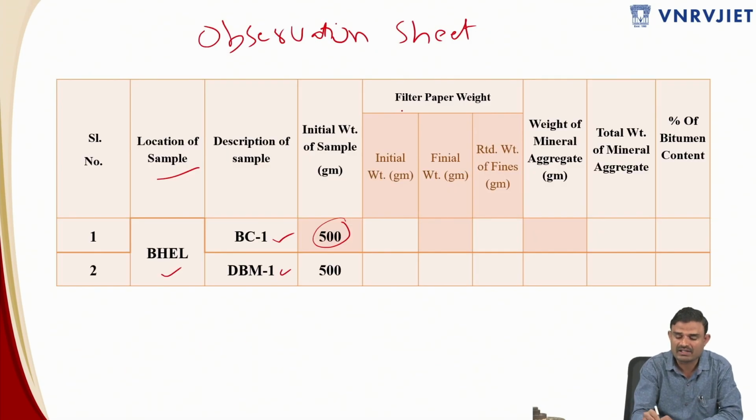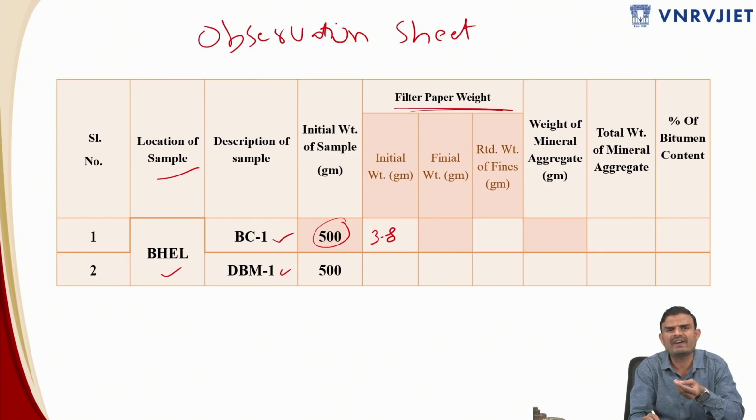These are the weights corresponding to the filter paper, because I provide the filter paper below the lid which is provided inside the bowl. The initial weight of the filter paper I have got to be 3.8 grams. After the test is completed, there will be some amount of fines attached to the bottom of the filter paper. So the entire filter paper weight along with the fines has become 4.7 grams.